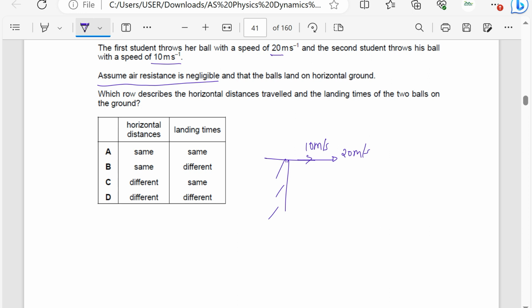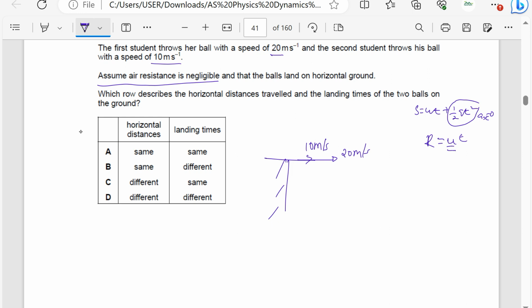If I consider horizontal motion, R is going to be different. Using S equals ut plus a half at squared, in the horizontal, a is 0, so this part will be 0 for horizontal motion. So R will be u times t.